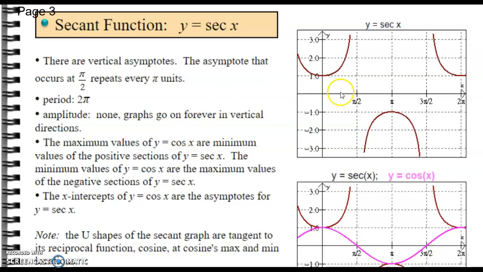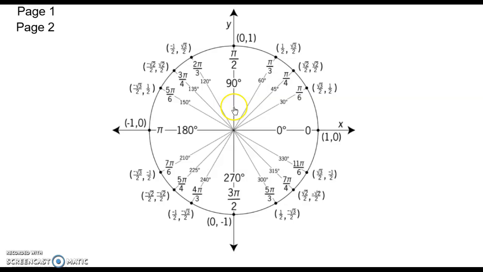Secant is exactly the same, except it's the reciprocal of cosine. If you recall, cosine on your unit circle are all the x values. So we have an x value at 1, 0 at pi over 2 or 90, -1 at pi or 180, 0 at 3 pi over 2 or 270, and then we're back at 2 pi, which is the same thing as 0, which is back at 1 again.